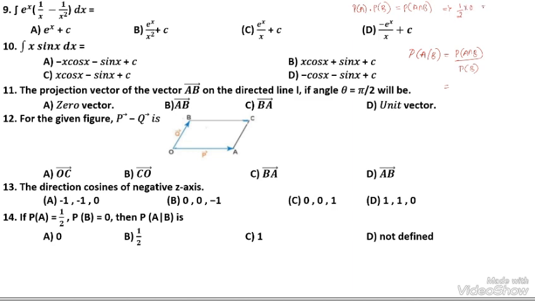What is that? 0. Therefore, probability of A intersection B will be 0.